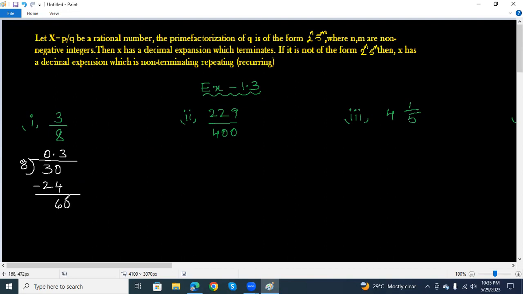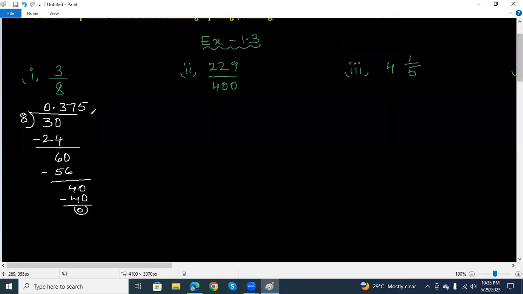The point is already there, put a 10. Next, 8 sevens are 56. So again 4, 40. 60 minus 56 is 4, so 40. Now 8 fives are 40. So we got a 0 here. So here it is 0.375.